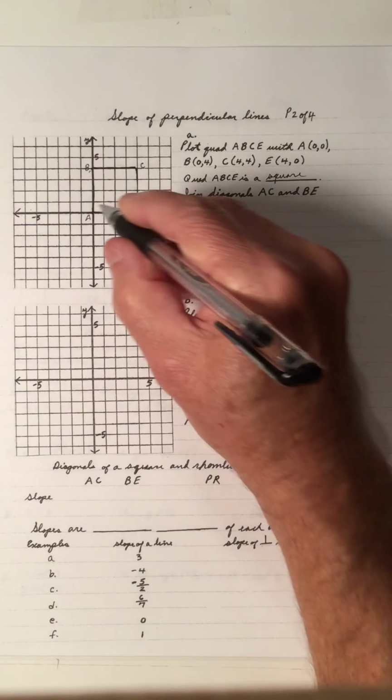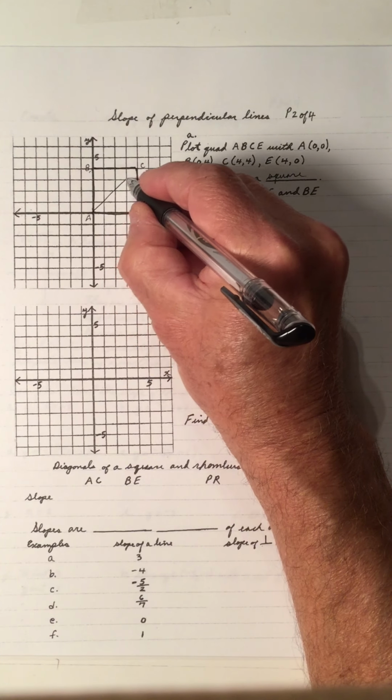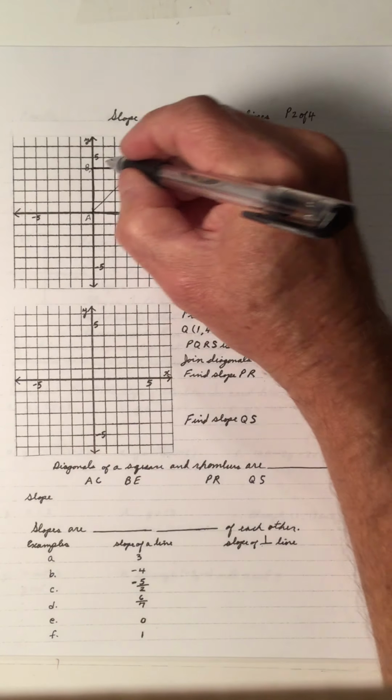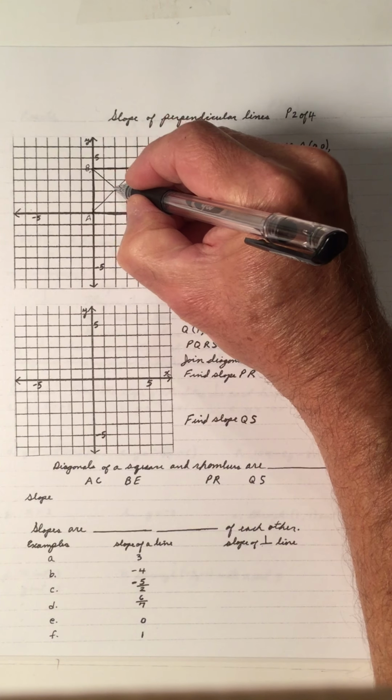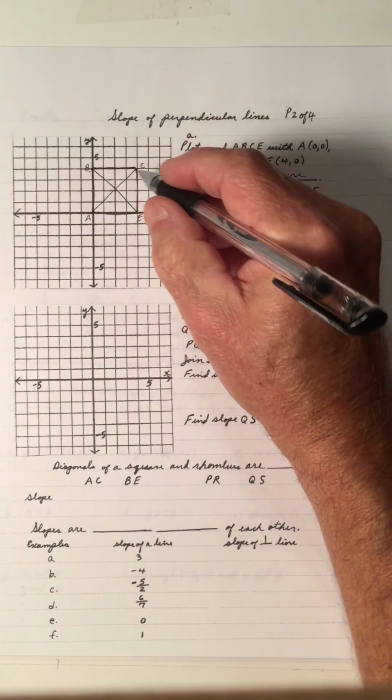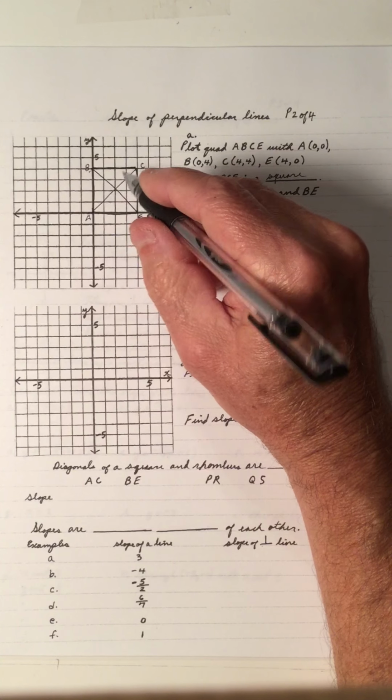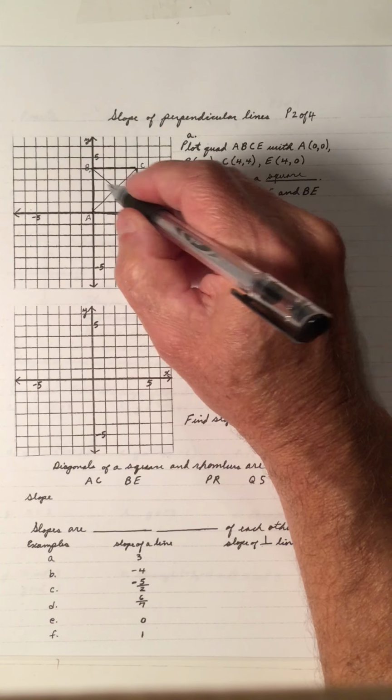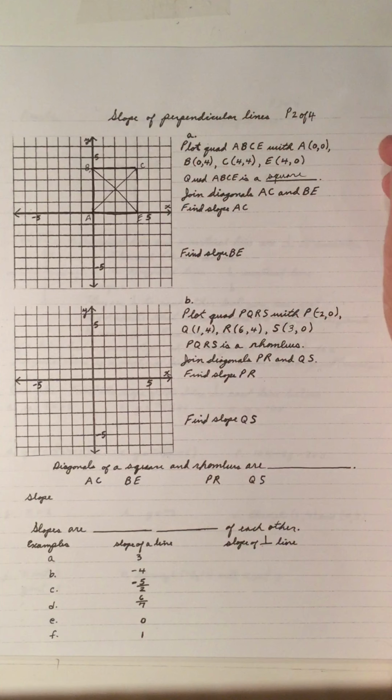Join diagonals AC and BE. The diagonals are segments drawn from one vertex to another, not being a side. So these are two diagonals.